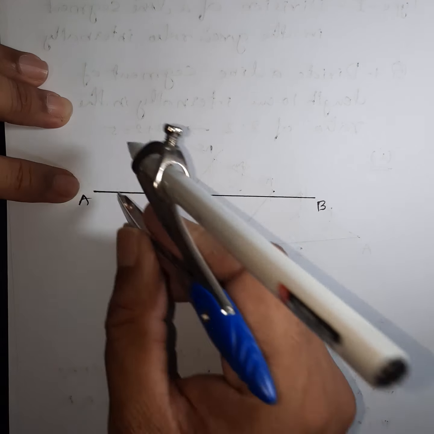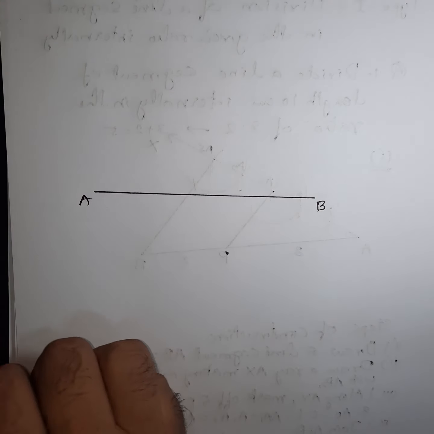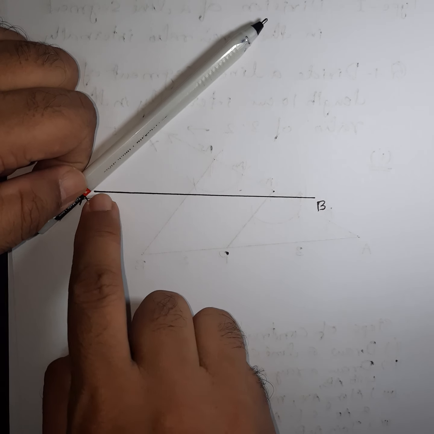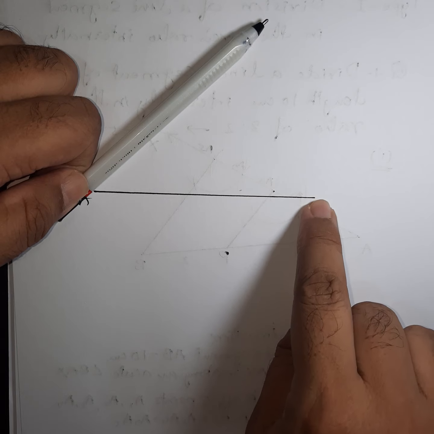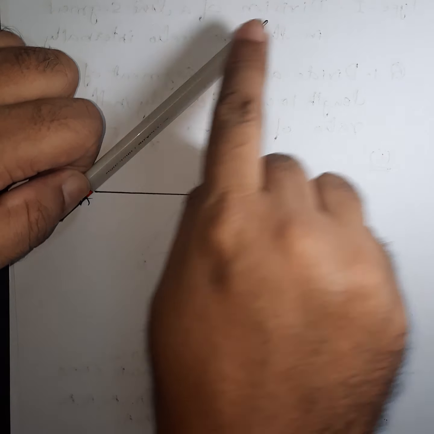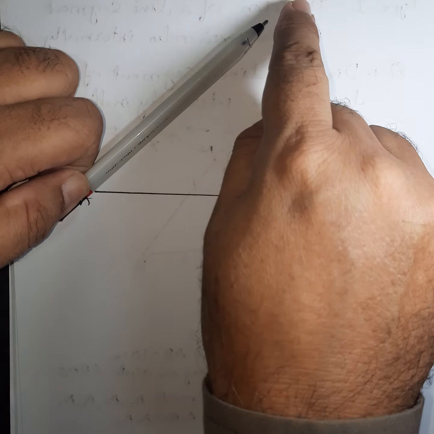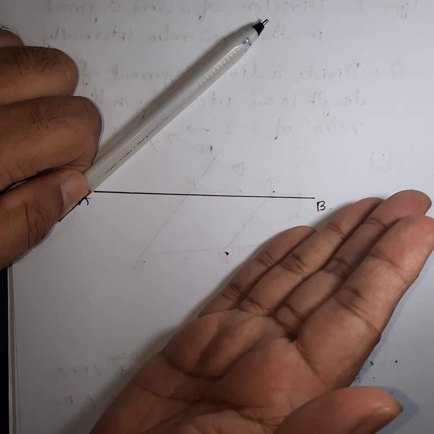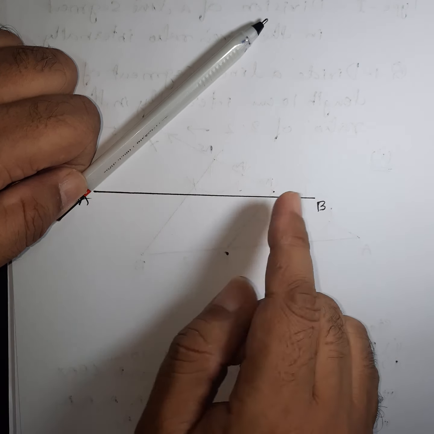If we draw one line parallel to this, then another parallel line will be AX, drawn like this, and these two lines will make the same angle with AB.